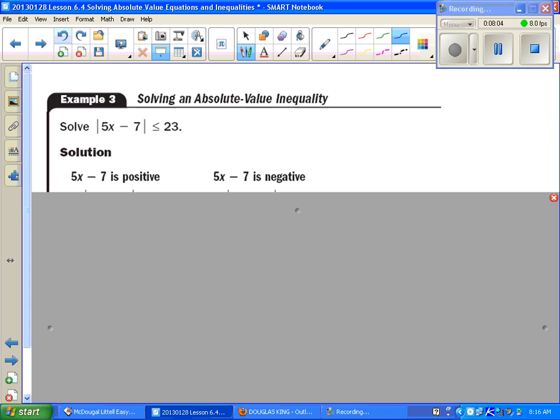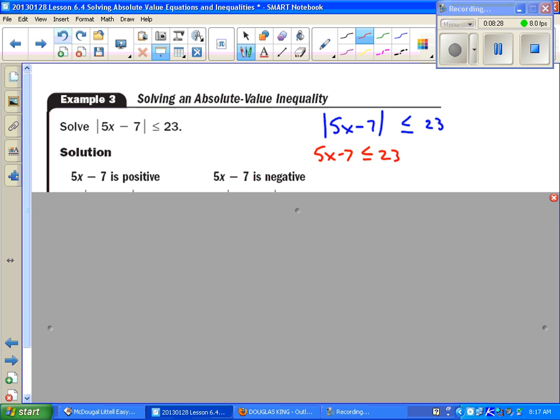This one says solve the absolute value of 5x minus 7 is less than or equal to 23. So you set it up two ways. You'd set that up as positive 5x minus 7, written just like it is, less than or equal to 23. You write it just like it is without changing the symbol.